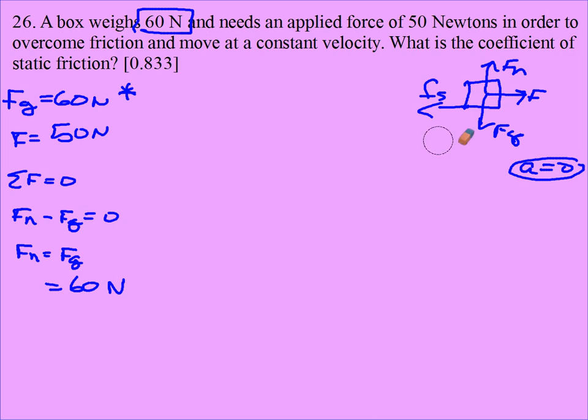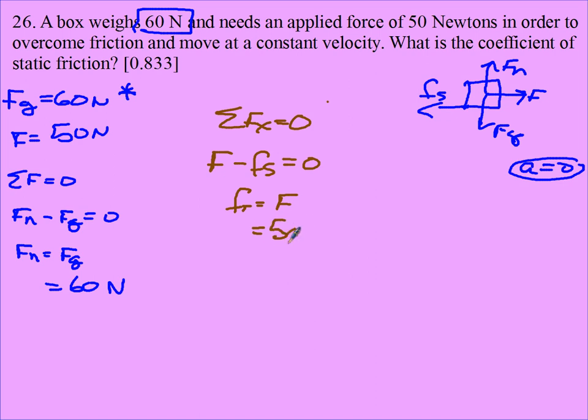First thing I need to do is sum the forces in x. Sum of the forces in x equals 0 because the acceleration in x is 0. So I have an applied force to the right minus static friction is 0. So my static friction has to equal this applied force. So friction has to equal 50 newtons.